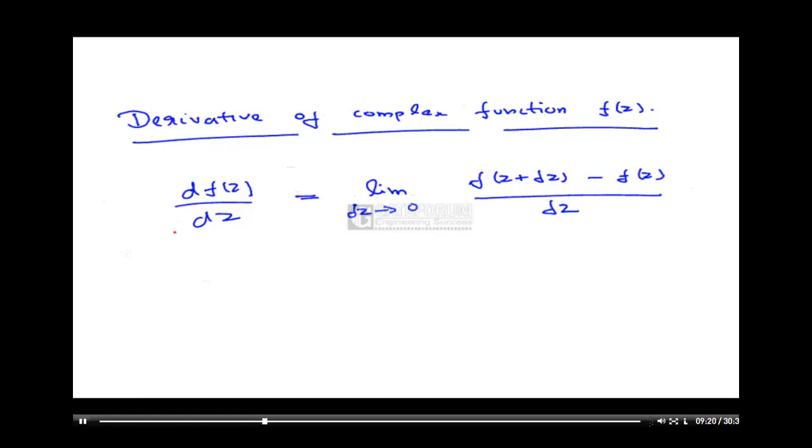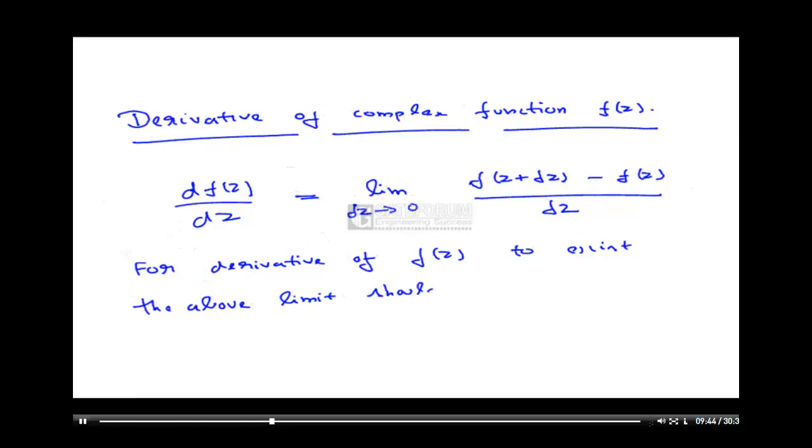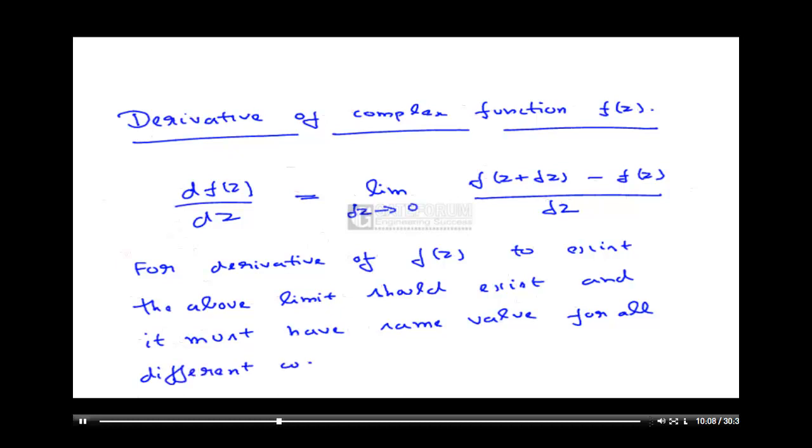Okay, now for the derivative of f(z) to exist, the above limit must exist, and it must have the same value for all different ways in which delta z approaches 0.